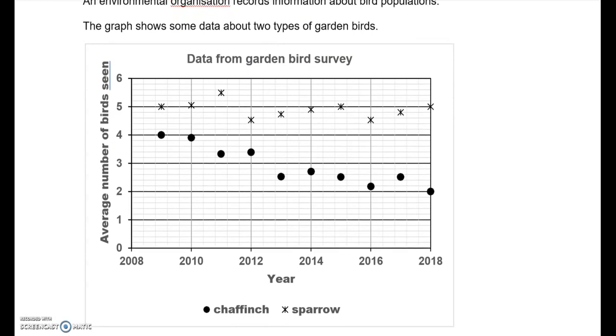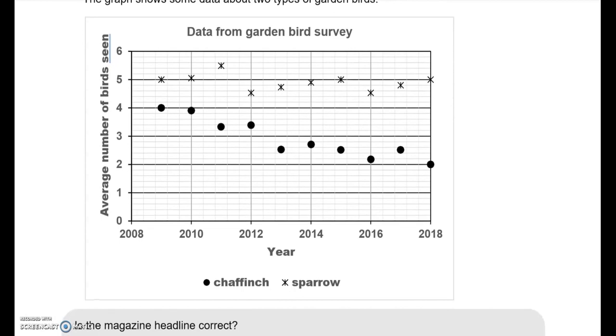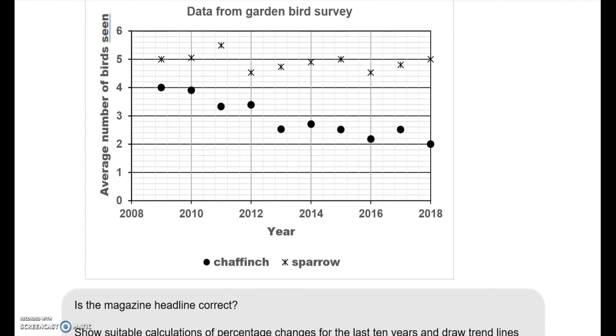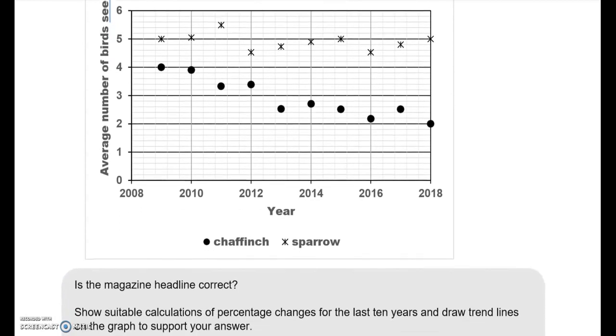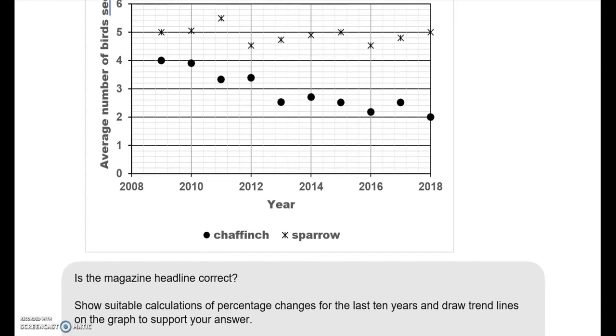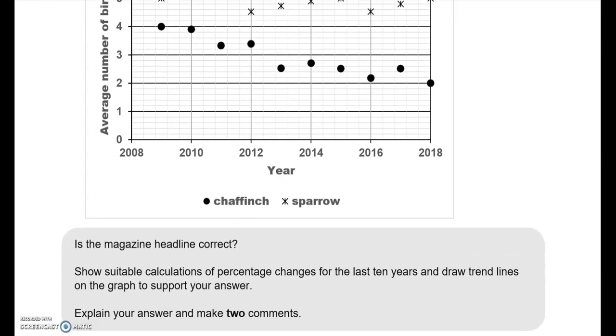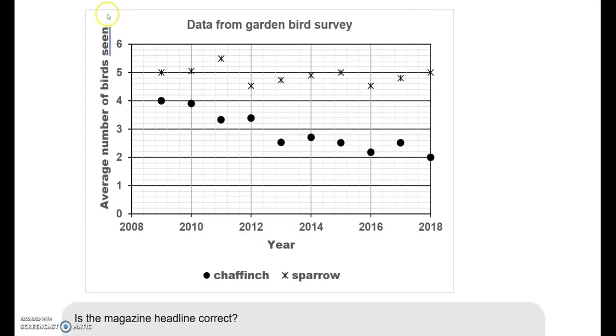We've got chaffinch and sparrow. So is the magazine headline correct? Show suitable calculations of percentage changes for the last 10 years and draw trend lines on the graph to support your answer. Explain your answer and make 2 comments.